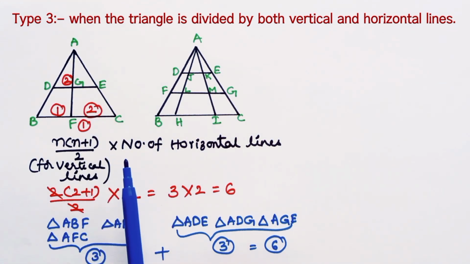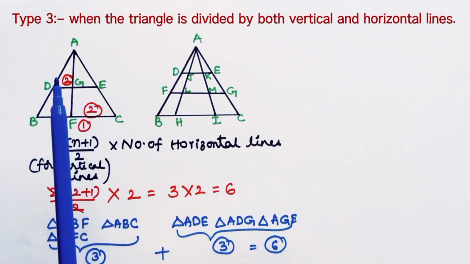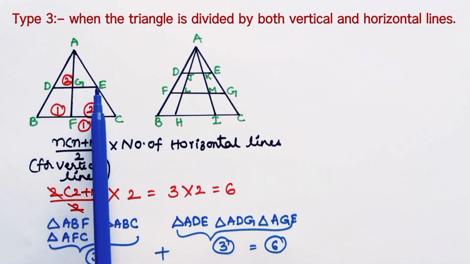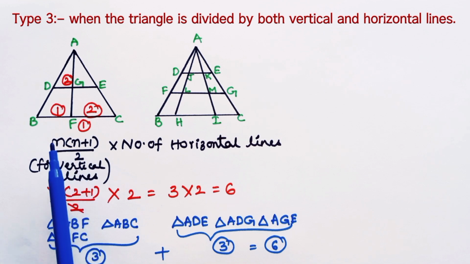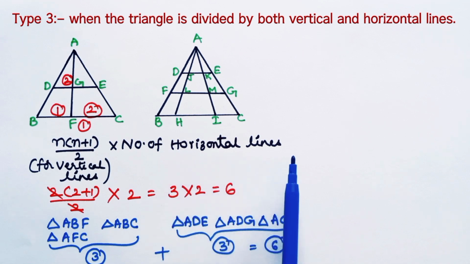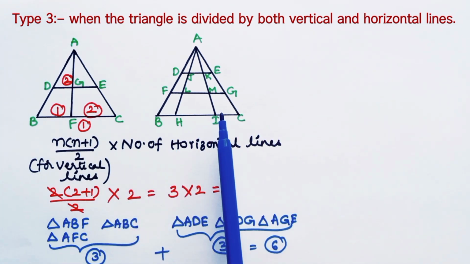So what is the formula which we can use to calculate the number of triangles present in the given triangle when the triangle is divided by both vertical lines and horizontal lines? This is the formula: n into n plus 1 by 2 for vertical lines multiplied by the number of horizontal lines. Now let us apply the same formula to the second figure.